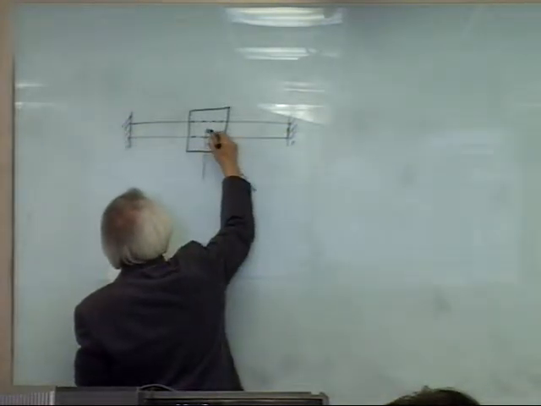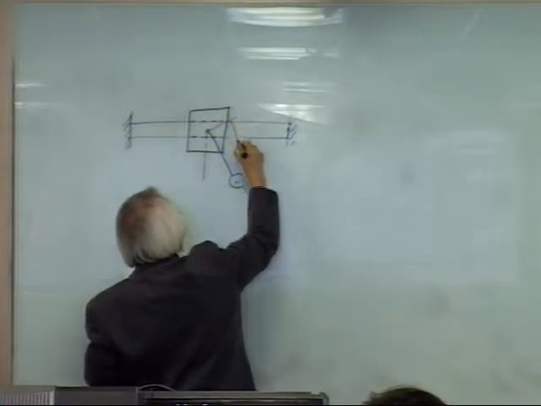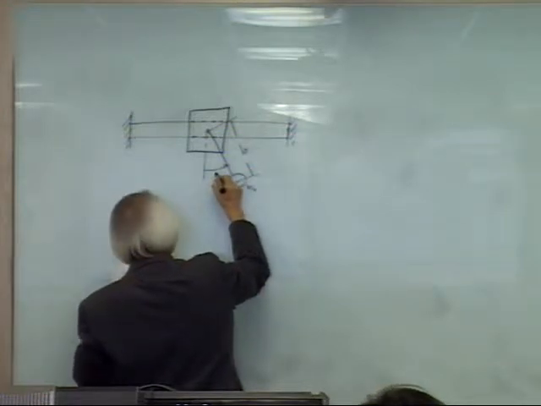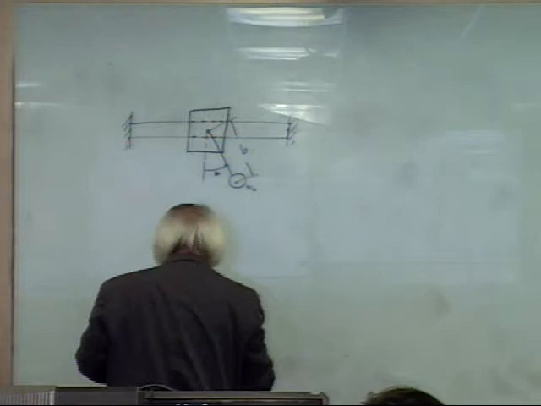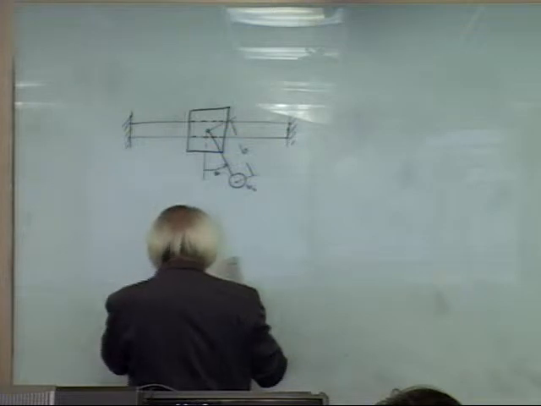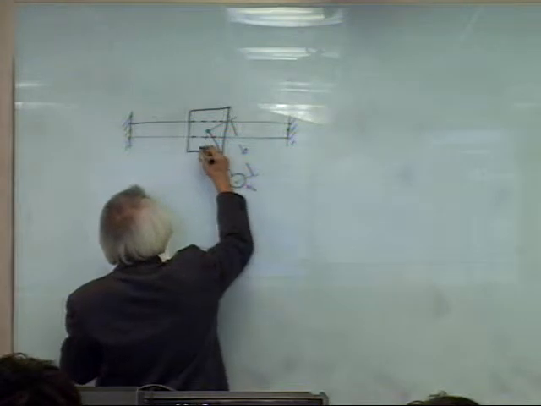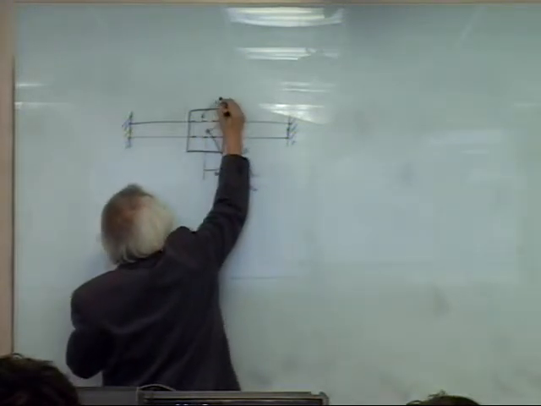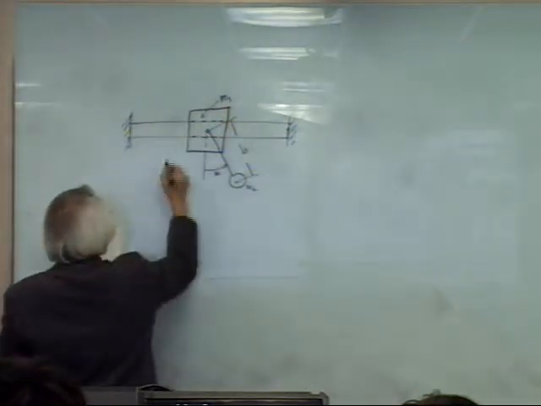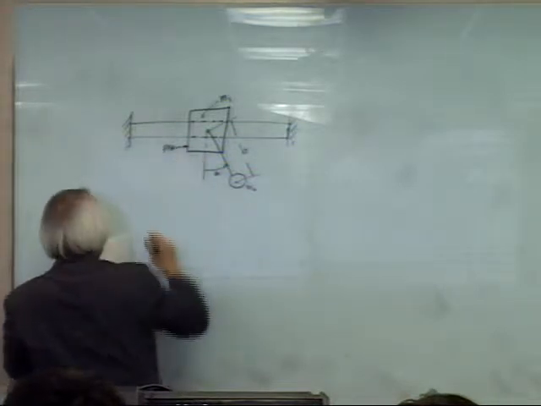And the length of the bar from here to there is B. And this one I call L. And this mass is M1, and we apply force over here, P(t).